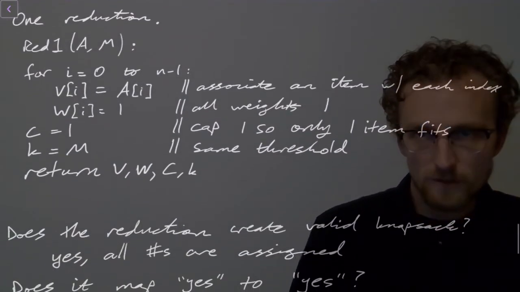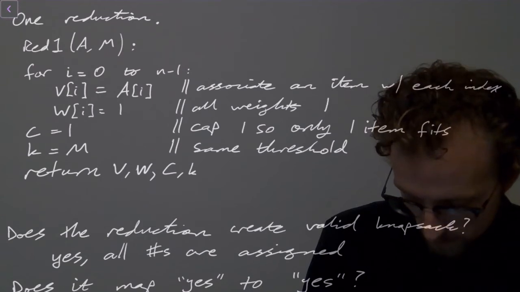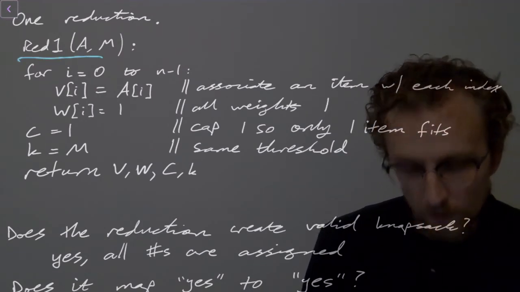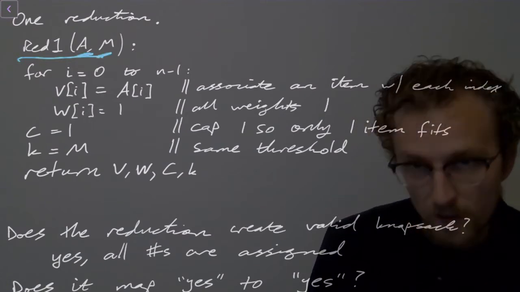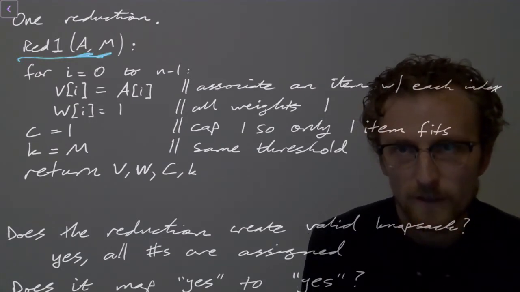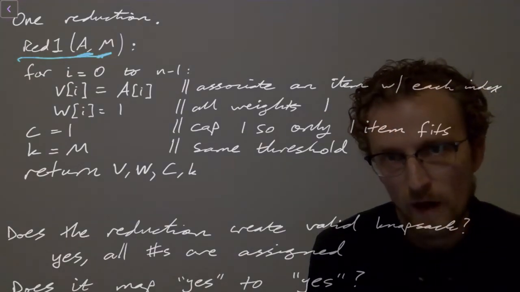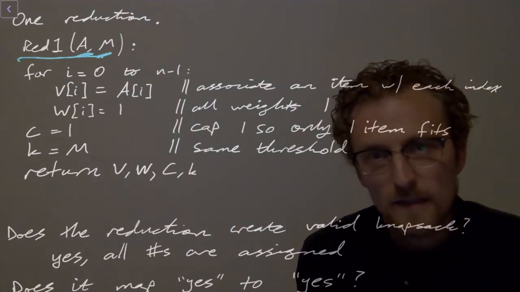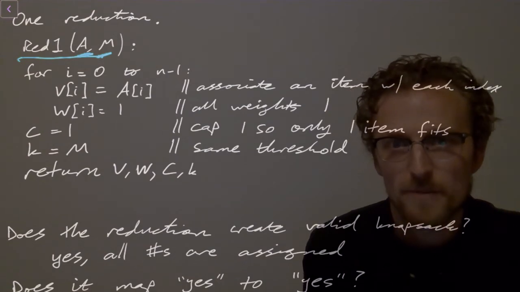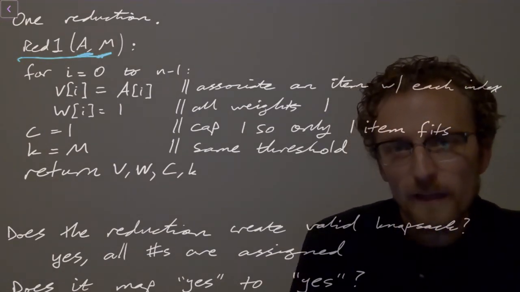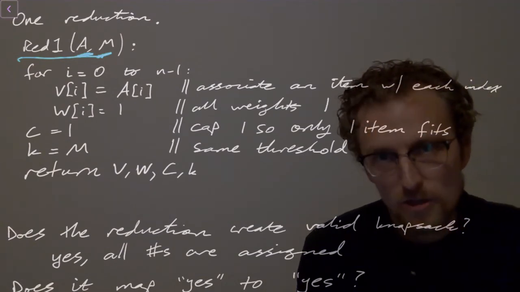Here's how it goes. Our reduction, let's call it red one, takes in an instance of the array search problem. That is, it takes an array and a threshold, and then it does the following. For each element of the input array, it associates an item in the knapsack problem, and the item's value will be exactly the number at that position in the array.